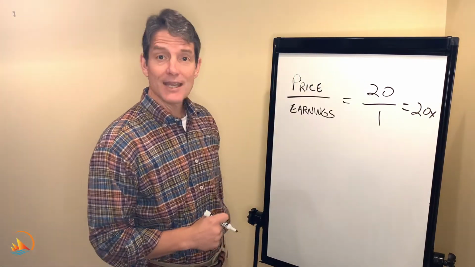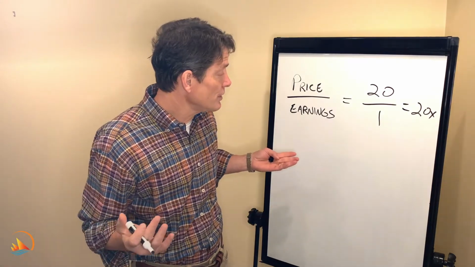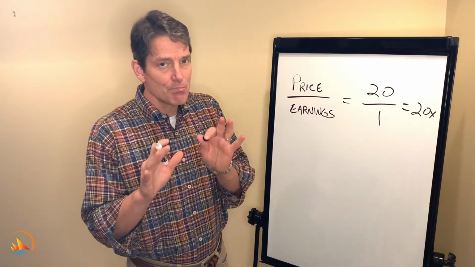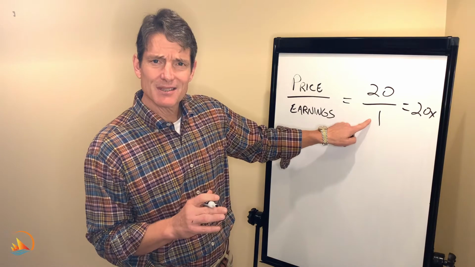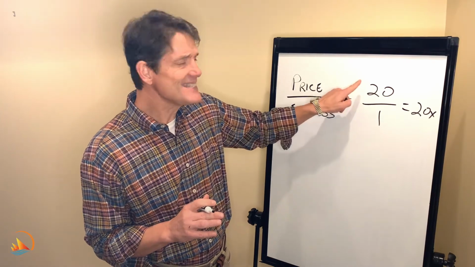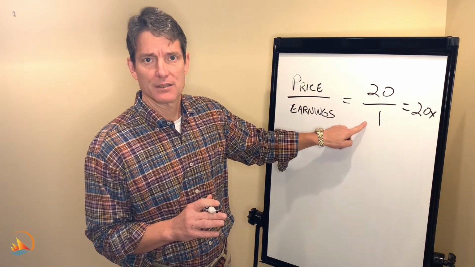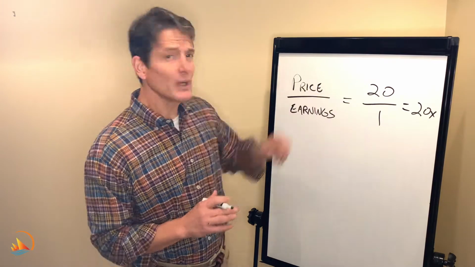If the price is 10, and it's still earning $1, then the price earnings ratio is 10. Pretty simple. And you might say, well, why would I pay 20 times the earnings of the company? I mean, essentially, for every dollar of earnings from the company, I'm paying $20.